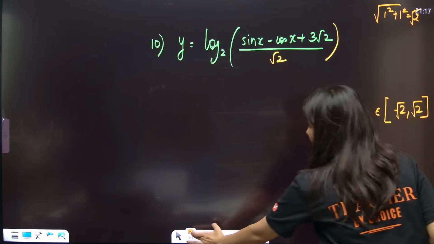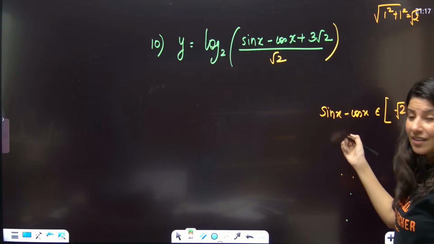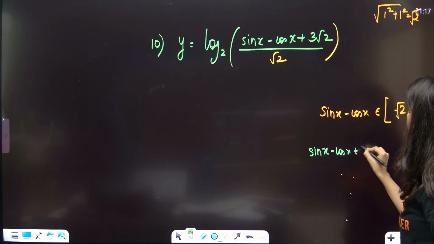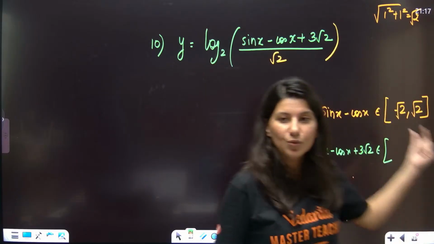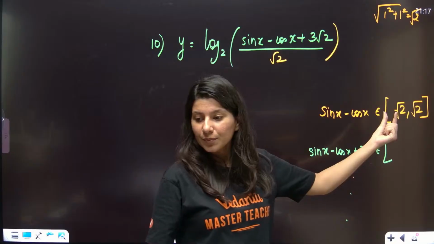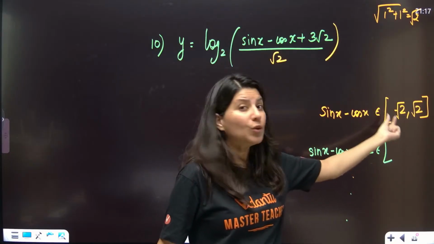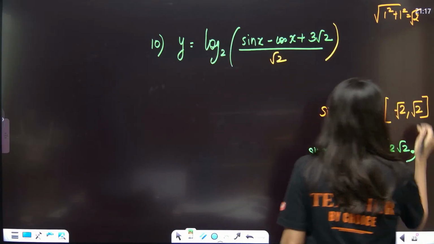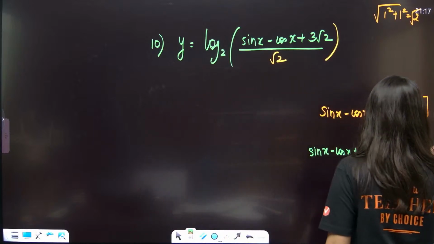Now you can clearly see that for sin x minus cos x we need to add plus 3 root 2. So sin x minus cos x plus 3 root 2 belongs to, this is already minus root 2, add 3 root 2, so 3 root 2 minus root 2 will become 2 root 2, comma, this is your root 2, add 3 root 2, so it will become 4 root 2.